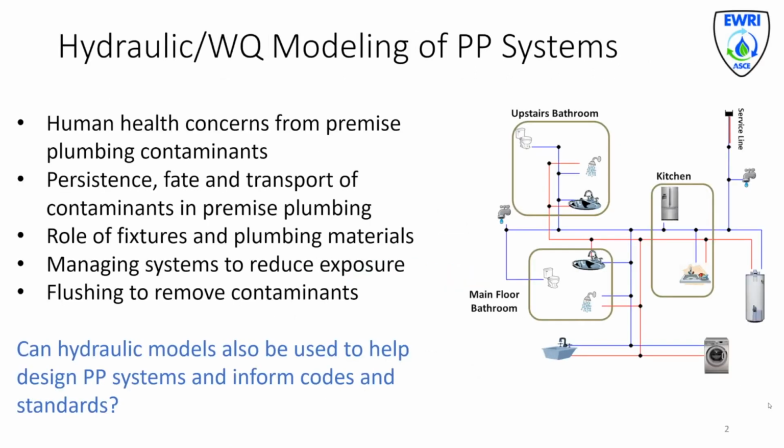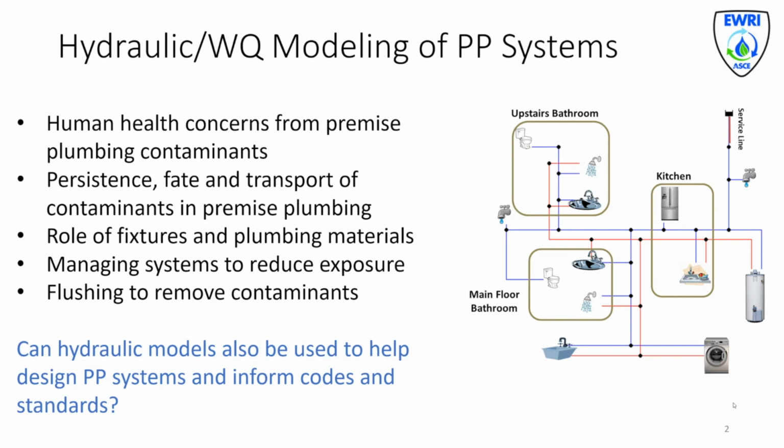We've talked a lot in our webinar series so far about lots of different aspects of hydraulic and water quality modeling of premise plumbing systems. So just a reminder on this slide that a lot of the motivation is to investigate the human health concerns from premise plumbing contaminants.